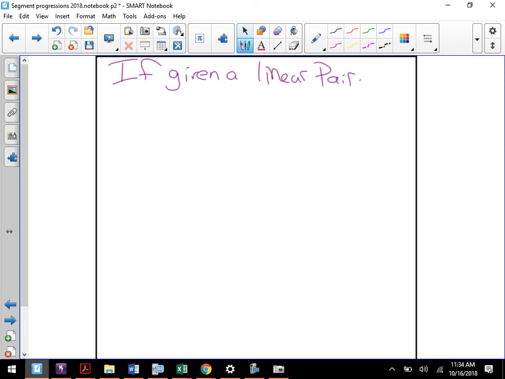Linear pairs add up to equal how much? 180. So, what do you think I'm going to state? Exact same. If you want, that's fine. But sometimes people do that, they don't find it. That's why I'm saying if you see given linear pair, go to that one. I'm going to state angle plus angle is 180.